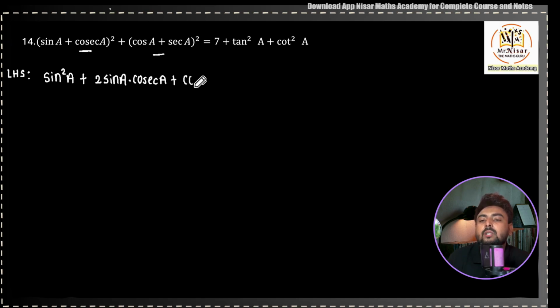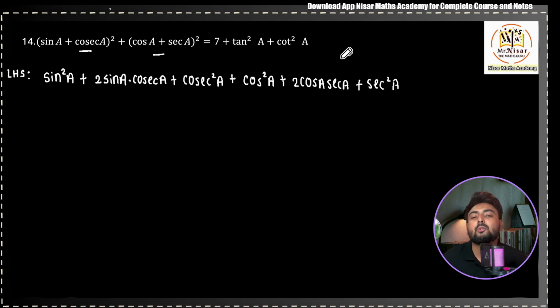B is what? Cosec square A. This is (A + B) whole square, plus again here it is (A + B) whole square. A square is cos square A, plus 2 into A into B, cos A into sec A, plus B square, it is sec square A.